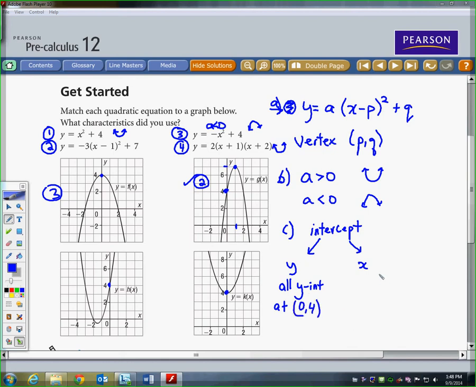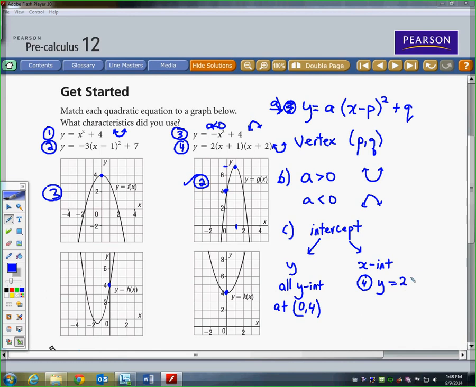Well, what if I go in the other direction and check out the x-intercepts? To figure out an x-intercept, let's take number 4, because it's in a nice pattern and it's all set up for us. The x-intercept is going to be when the y value is 0.